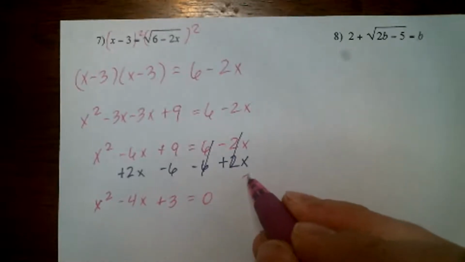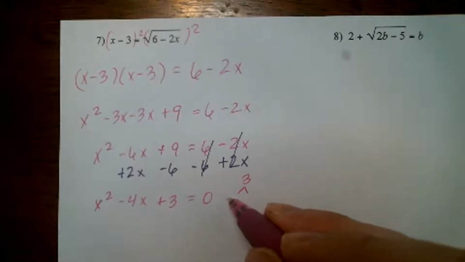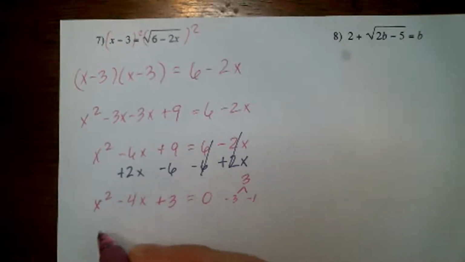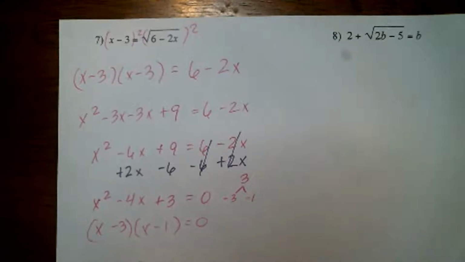What will multiply to be 3 and add to be negative 4? Negative 3 and negative 1. x minus 3, x minus 1 equals 0. So that's x equals 3 and x equals 1. Three's good.